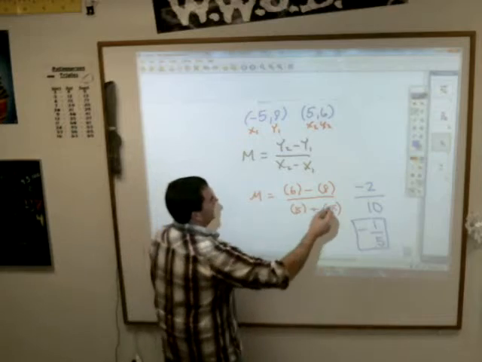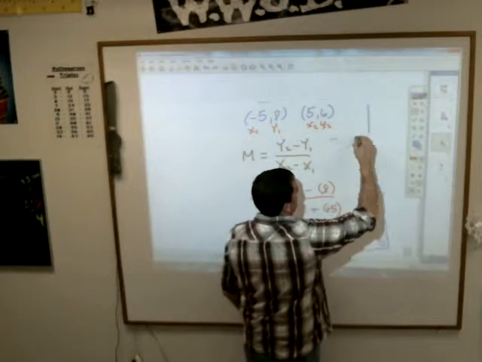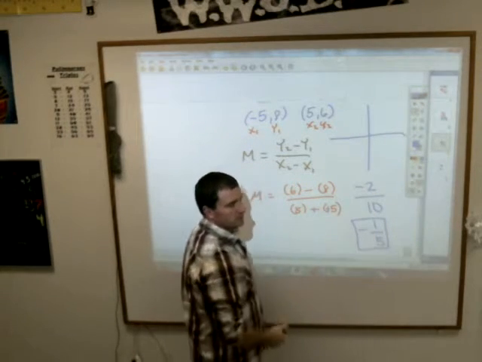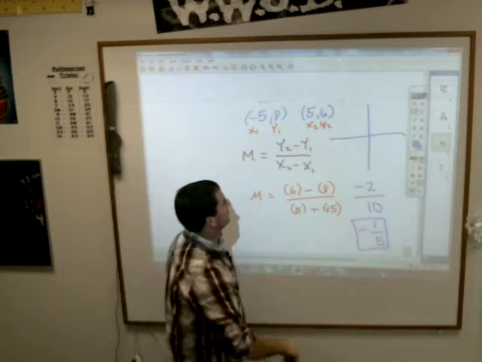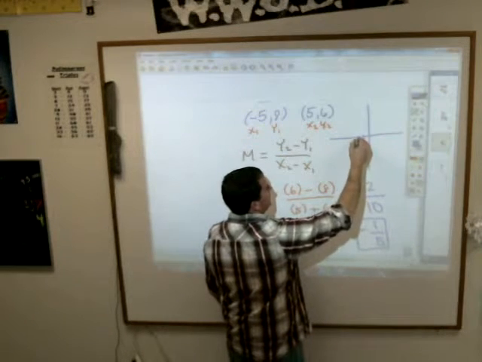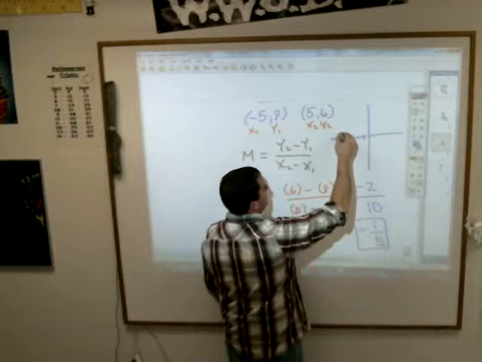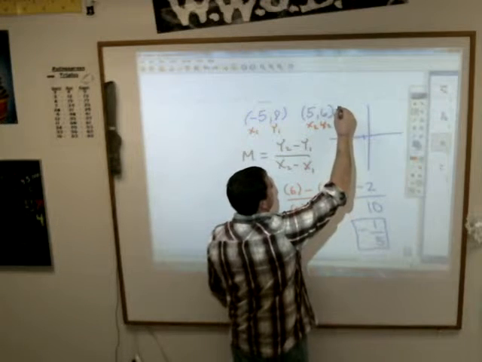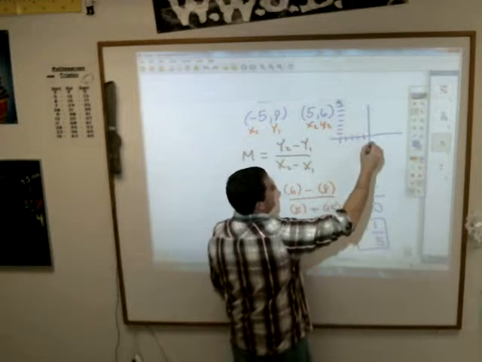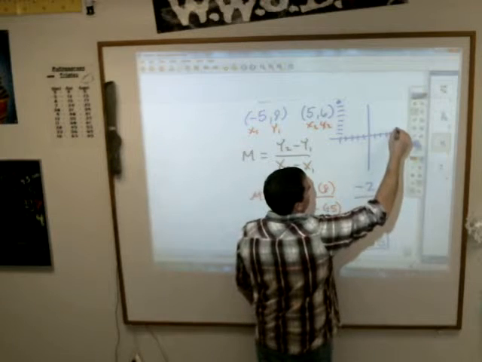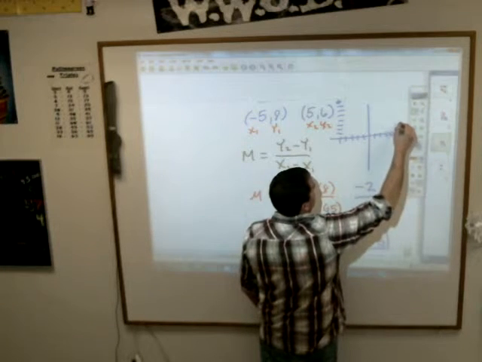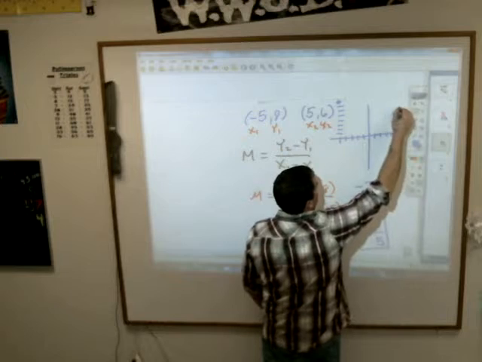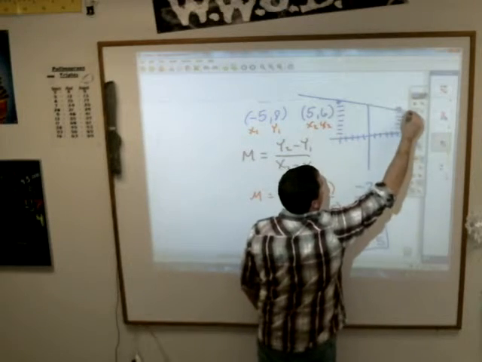And again, if you graphed this line, you would see that the triangle you make with those 2 points is going to go up 1 for every 5 it goes across. There's your line.